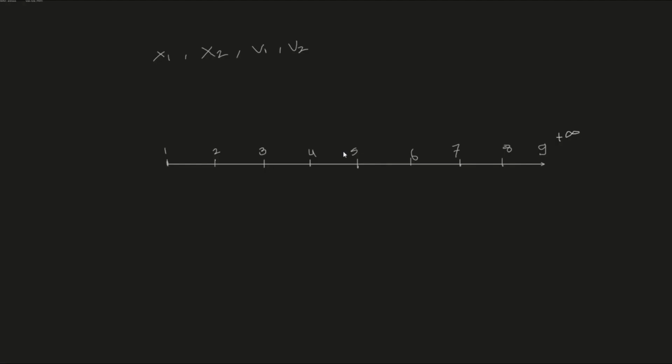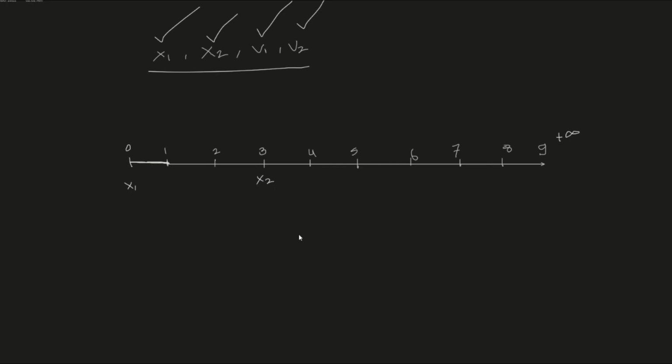Let's say that we are given four inputs. The first one is the starting position of the first kangaroo, this is the starting position of the second kangaroo, this is the velocity of the first kangaroo, and this is the velocity of the second kangaroo, right? Now let's say x1, the first kangaroo, is at 0 and the second kangaroo is at 3.